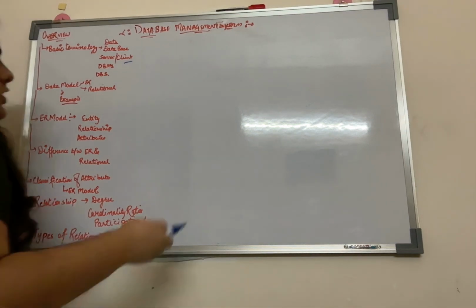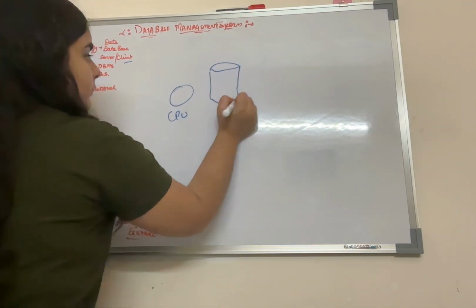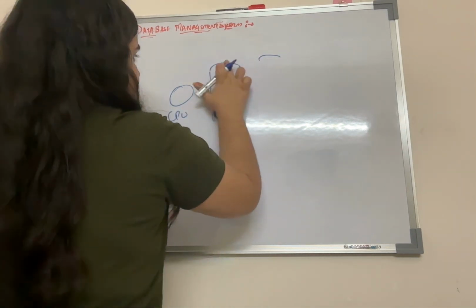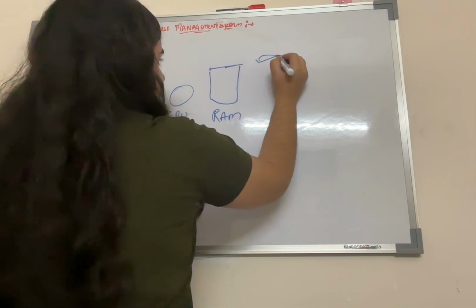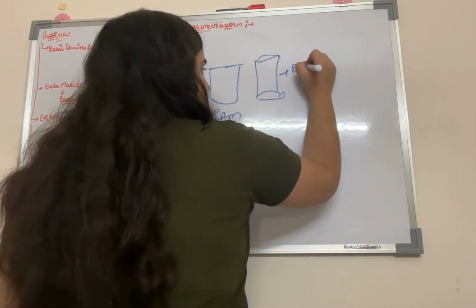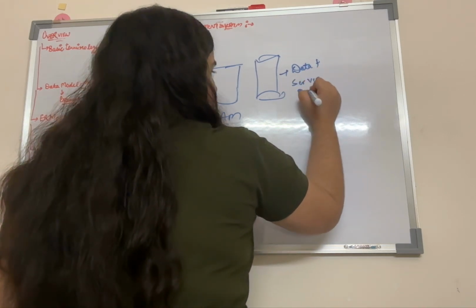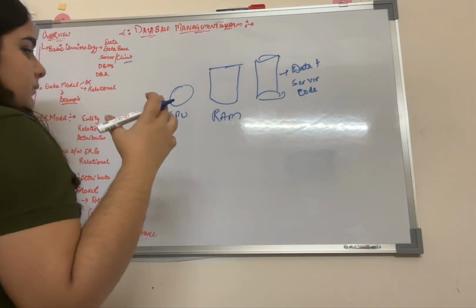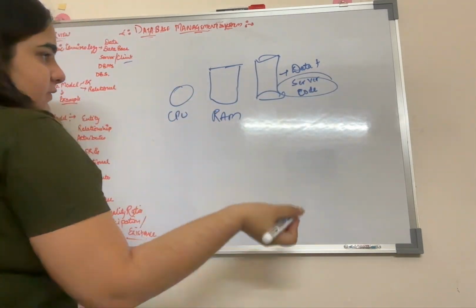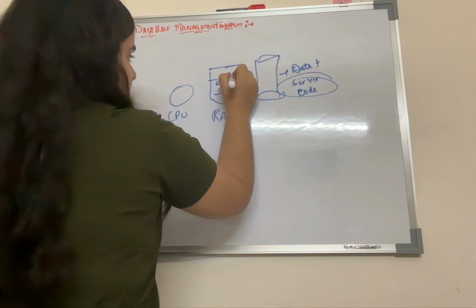As I mentioned, you have a CPU, then you have a RAM, and then you have the hard disk. So this will have your data plus server code. Now, when the developer calls this particular program so that the server starts running, this server code will move here. It will be stored in the RAM.